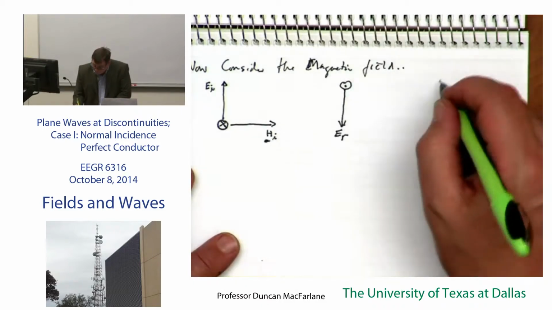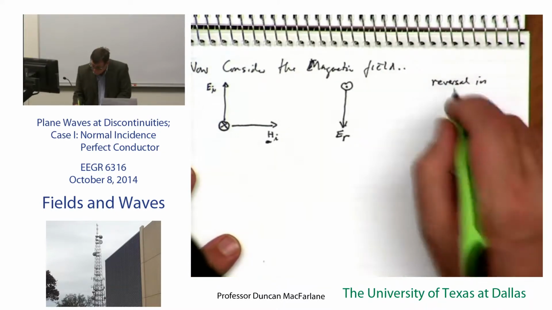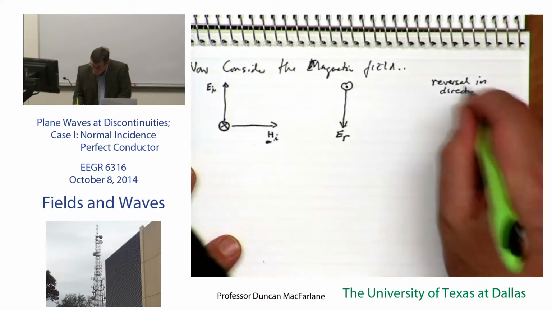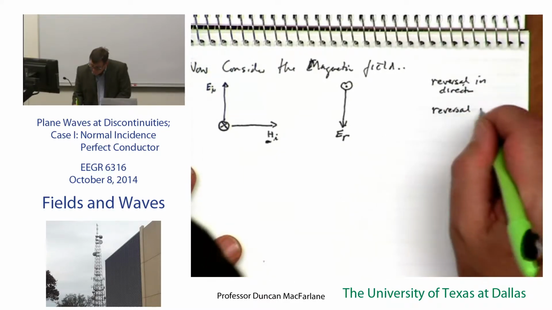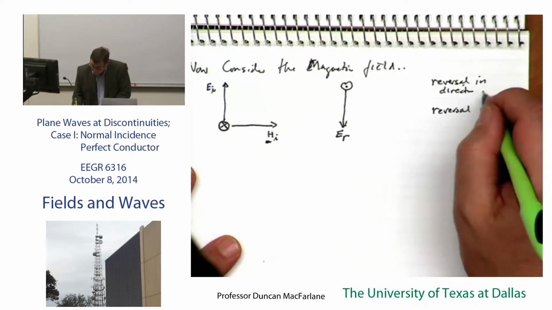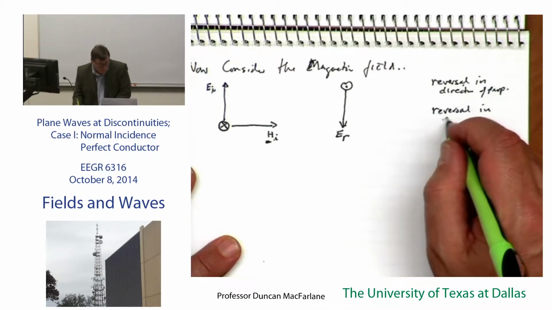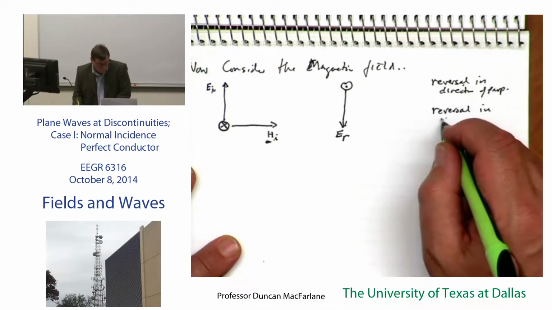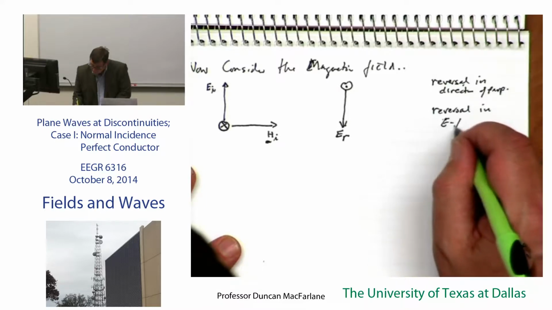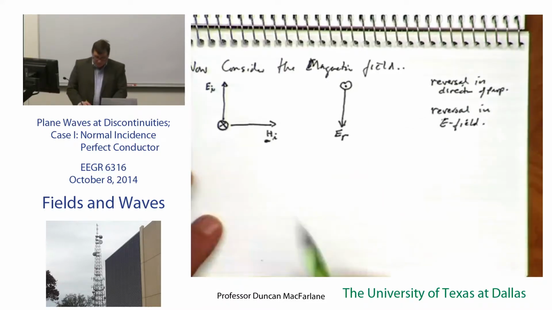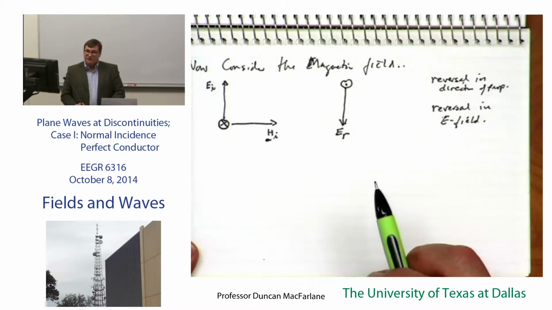So there's a reversal in direction, and there's a reversal, so this flips, and this vector flips.